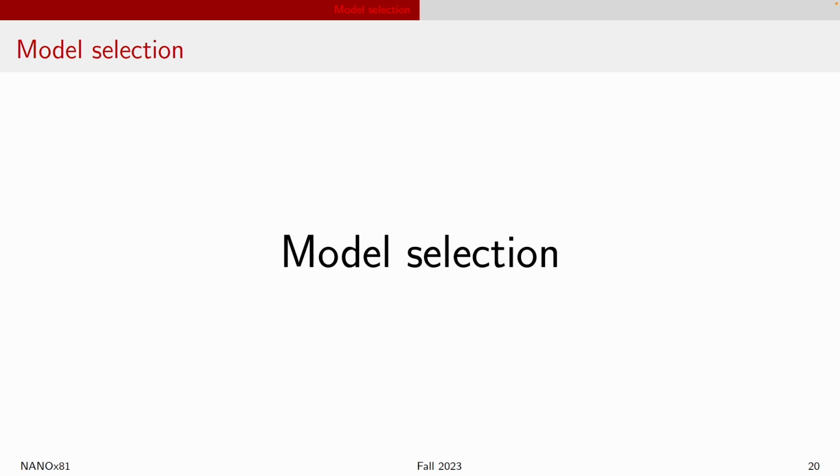Now, that is not how you should be actually doing it, right? So in this part, I'm going to talk about how you actually should be doing model selection, and we are going to apply this rigorously to all the machine learning models that we are going to fit from this point forward, okay?